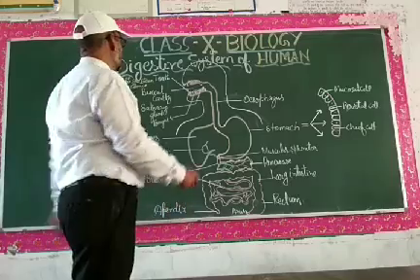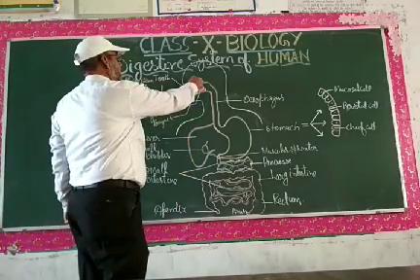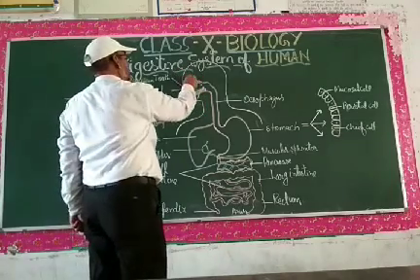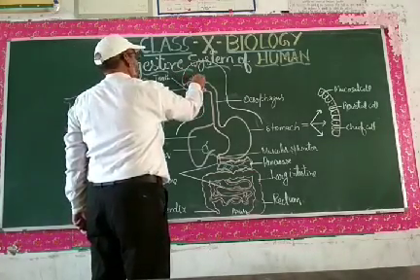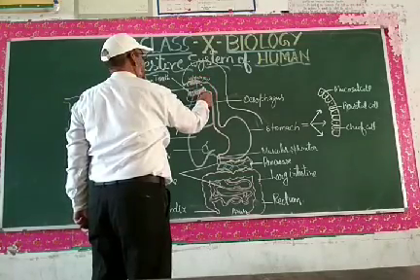Second is the salivary gland. Dear students, salivary glands are found on both the upper jaw and lower jaw. This is the upper jaw and this is the lower jaw.